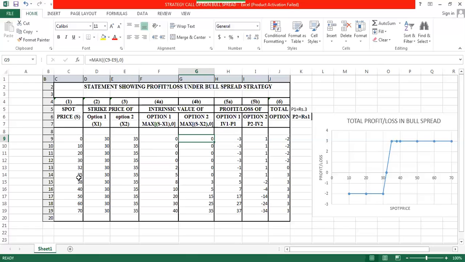Since the strike price is 35, you cannot make any profit if the spot price is 35 or below. So up to row 14, there will not be any positive intrinsic value, it is 0.